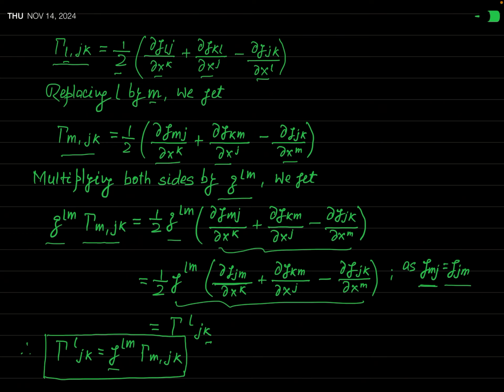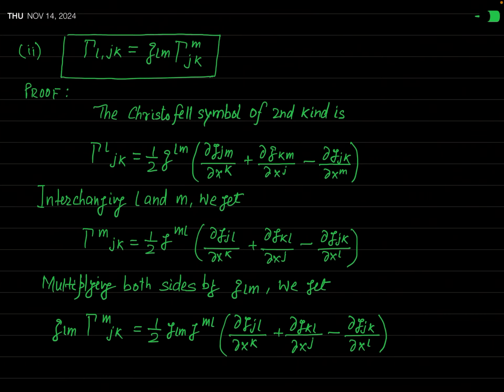Now let us see how we can relate the Christoffel 3-index symbol of first kind with the Christoffel symbol of second kind. In fact, Γ^l_jk is equal to g^lm times Γ_m,jk. Now remember this result, and now I am going to prove this.